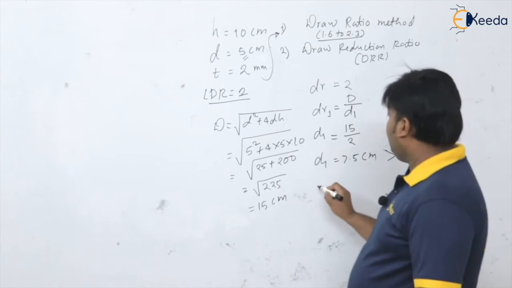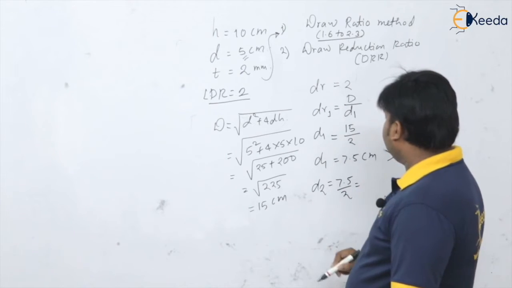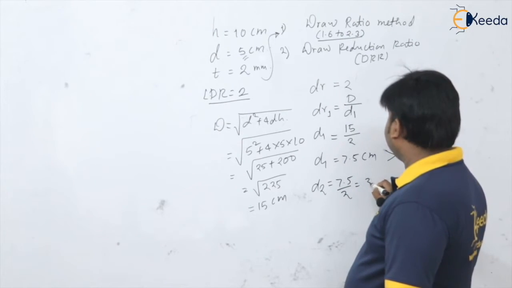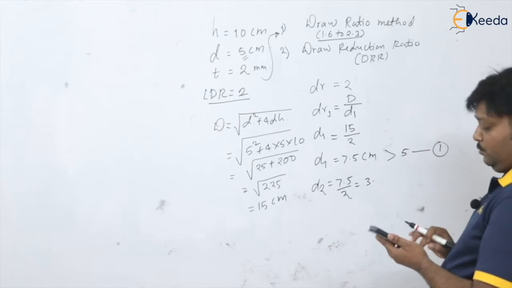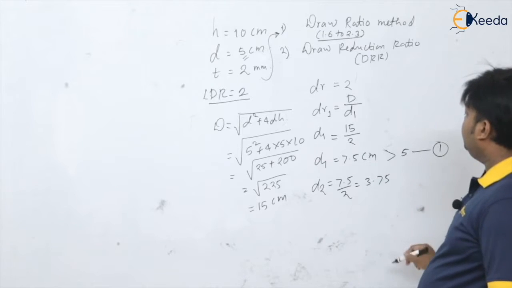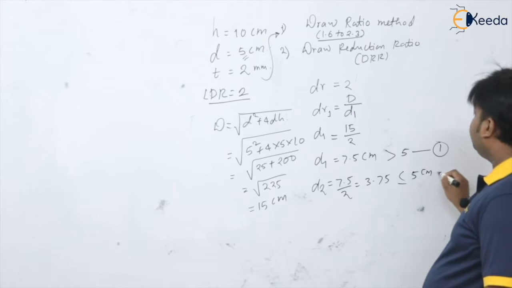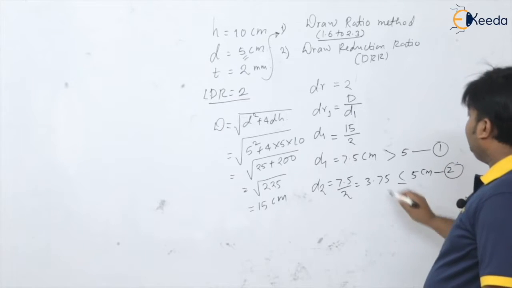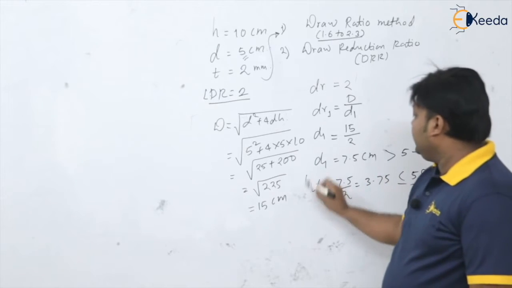Go for the second draw. So d2 will be how much? 7.5 divided by 2, you got 3.75. Yes, this is less than or equal to 5 centimeter. So definitely you can control the diameter up to 5 centimeter in the second draw.